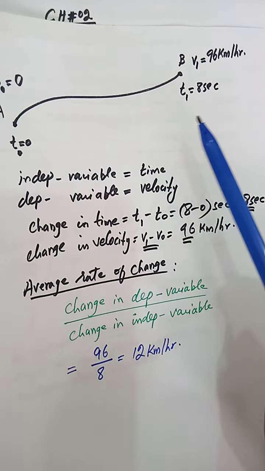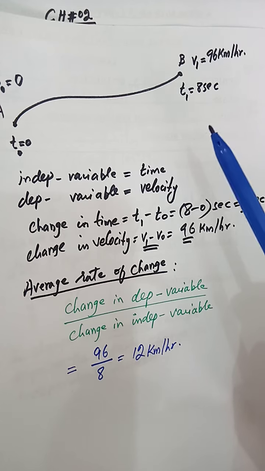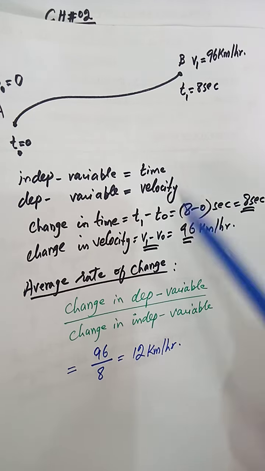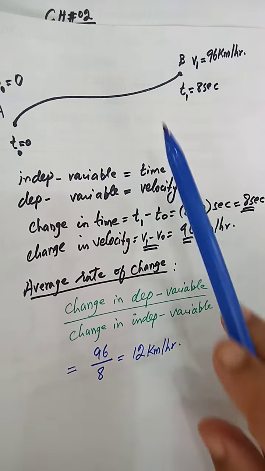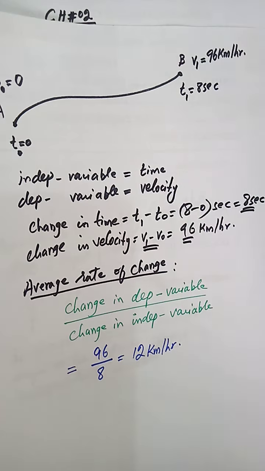The average rate of change in the velocity is 12 kilometer per hour. Meaning if you consider any point, the velocity at that point will be 12 kilometer per hour.